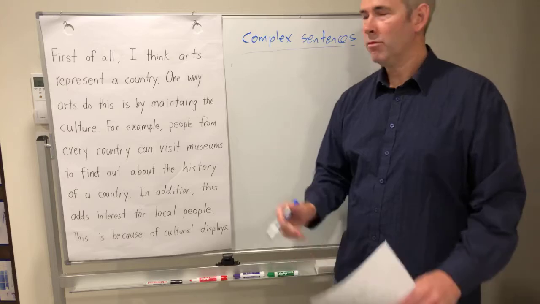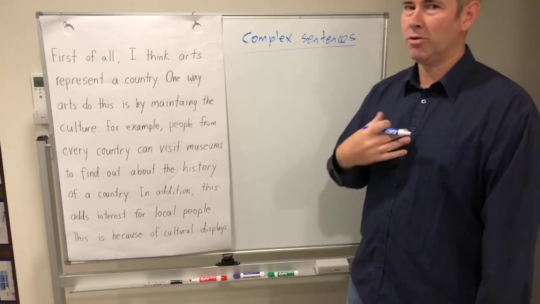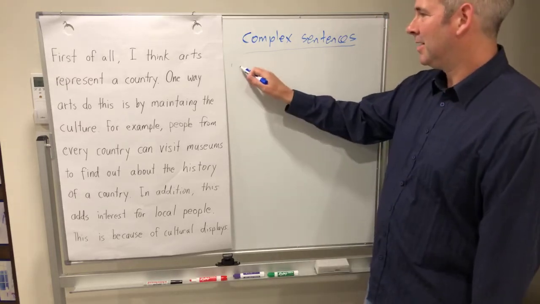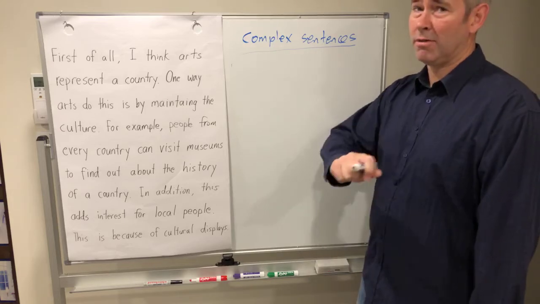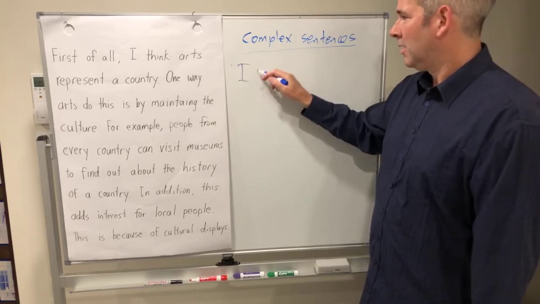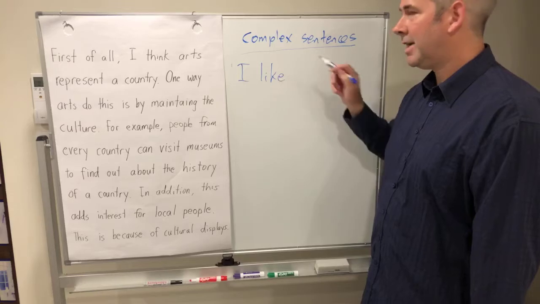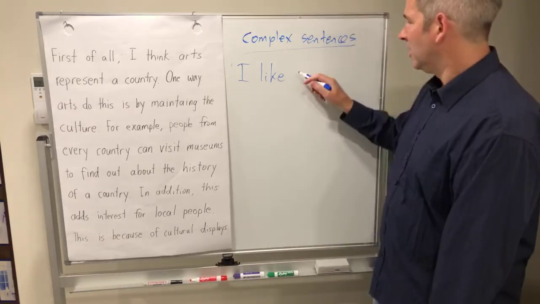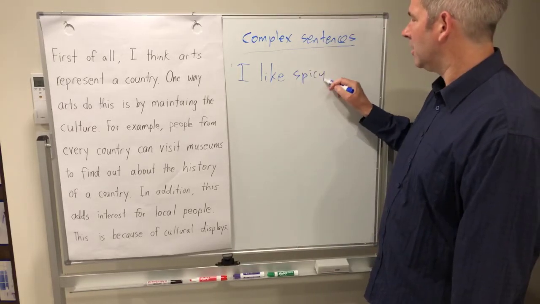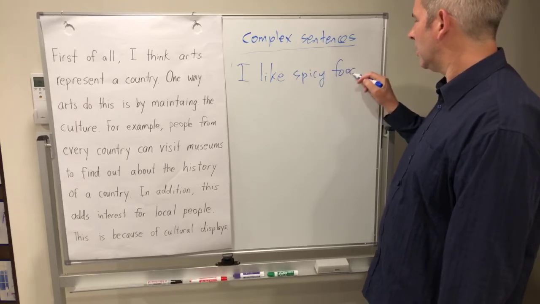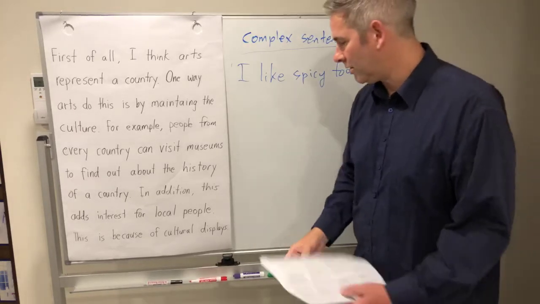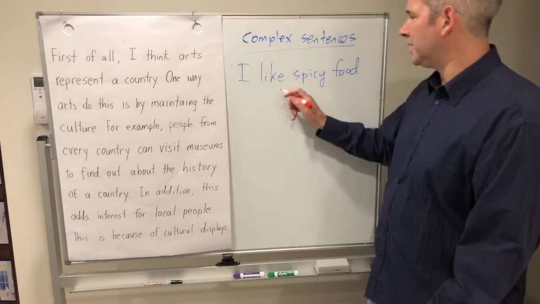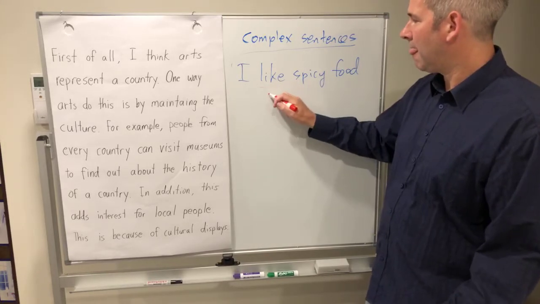So, in English, or in most languages, we have clauses. I'm going to give you an example of a complex sentence. I like many things. I like spicy food. Right, so this is one clause. A clause is always going to have a verb.